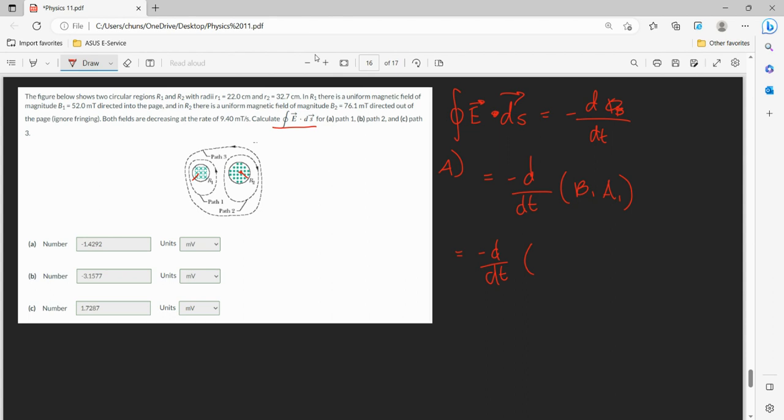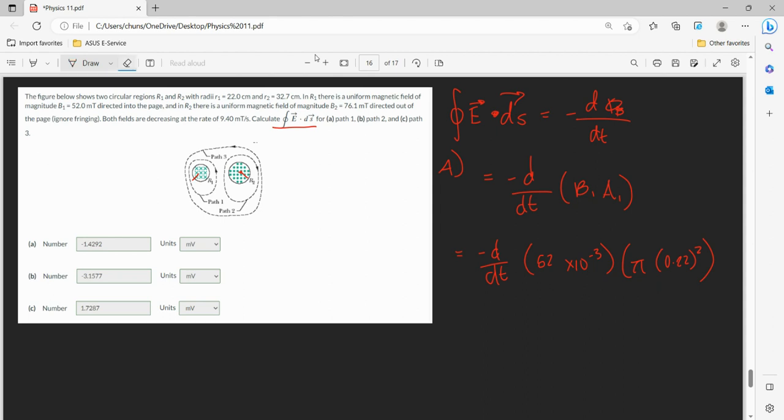So in our first path, we are going around radius 1 here. So B1 is given by 52 times 10 to the negative 3 Teslas. And our area in this case is going to be pi r1 squared, which is 0.22 meters squared.